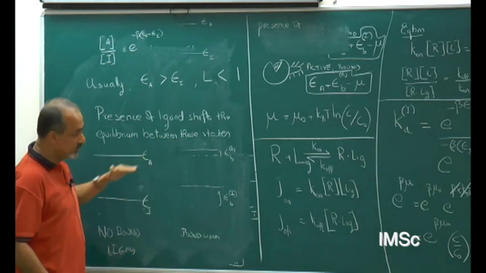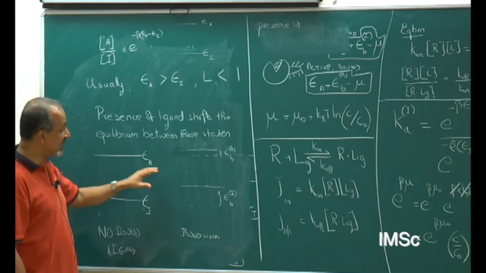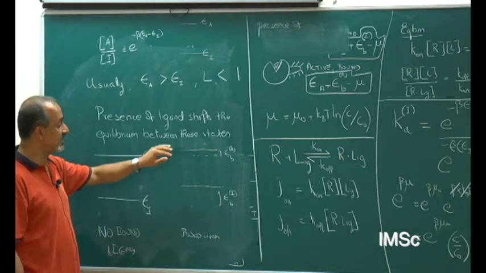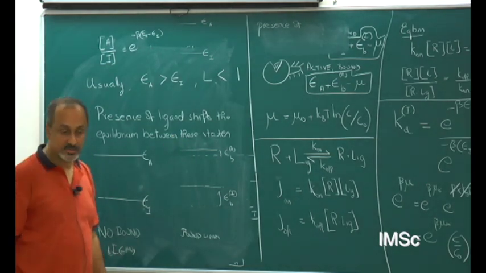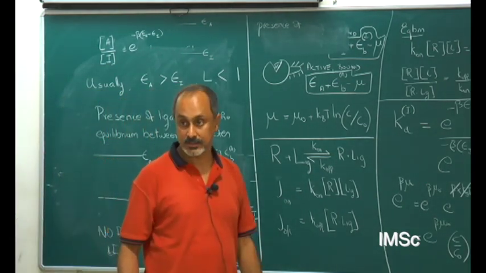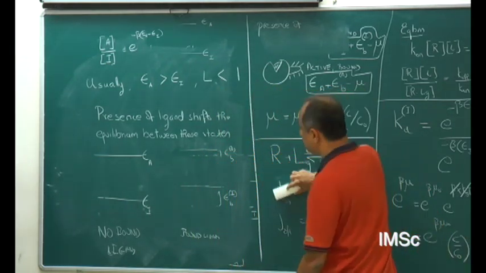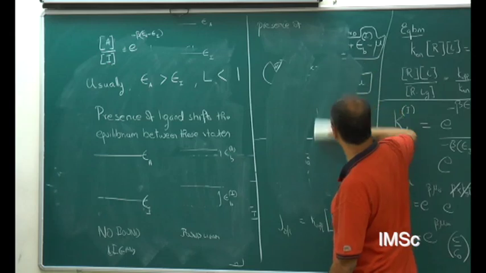So if both these energies were shifted up by the same amount, then there would be no difference at all. This argument relies on the fact that they can be shifted by differential amounts, in which case you can certainly favor this particular state over this state, which is also why it's called indirect regulation, because it's not directly doing anything, just the presence of the ligand alters the balance between the active and the inactive states.